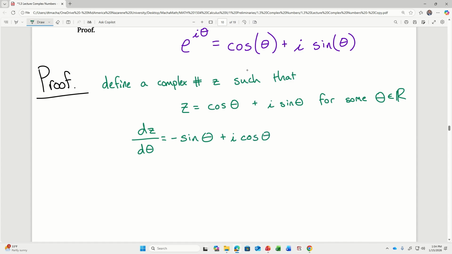And when I take derivatives, constants just come along for the ride. That's derivative homogeneity. So I took the derivative of cosine, took the derivative of sine. The next thing we're going to observe here is that negative sine is the same thing as i squared times sine, because i squared is -1.